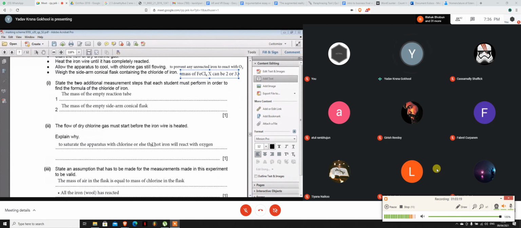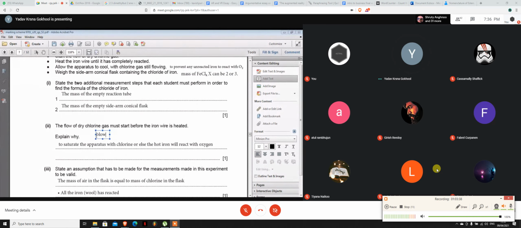Here what we have to do, of course, is keep on saturating the apparatus. That is, we have to blow off any air, or instead of this word, we say evacuate.